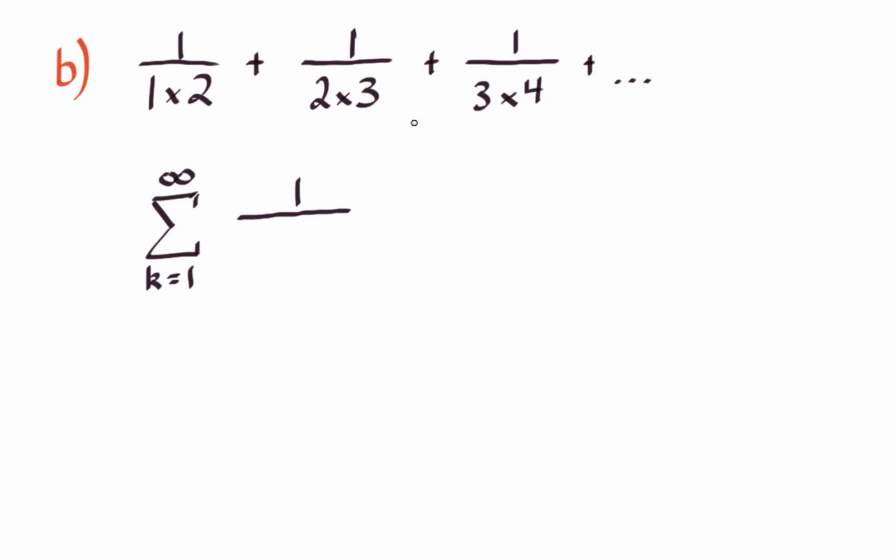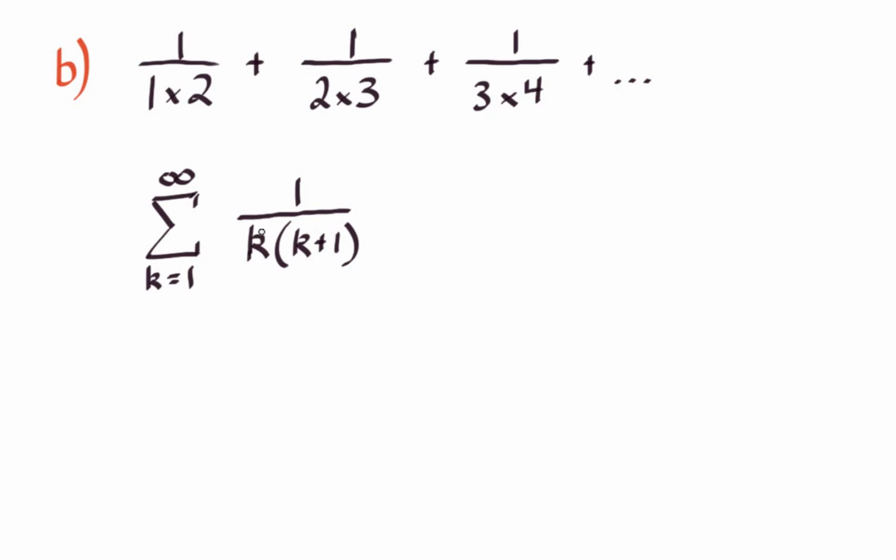Well, we can see that along the bottom here, this second number is always 1 more than the first number. So 2 is 1 more than 1, 3 is 1 more than 2, and 4 is 1 more than 3. So if we have our k value here, then the number it's multiplied by is just 1 more, k plus 1. And that matches the pattern that we see.